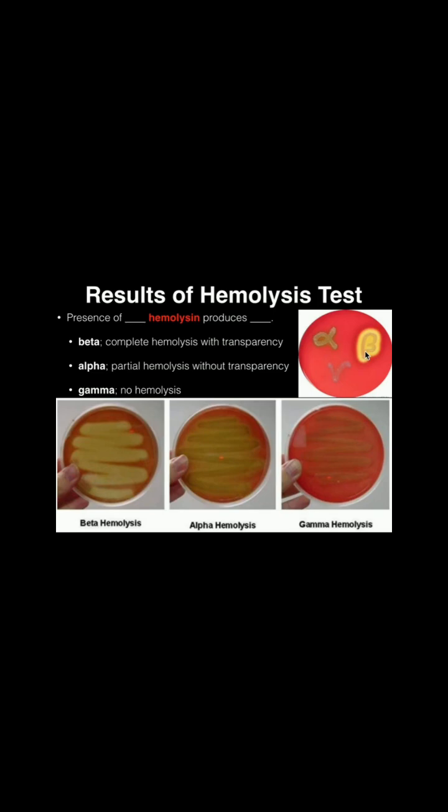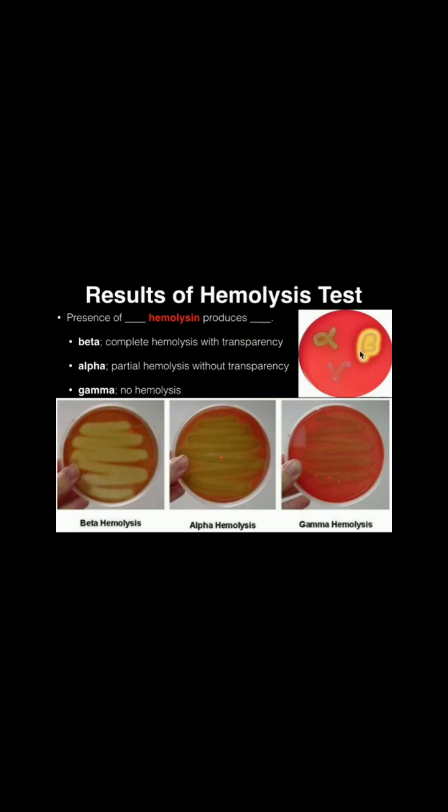When you have beta hemolysis, you have complete hemolysis of the red blood cells around the smear, and you'd have transparency. Because blood agar contains red blood cells, it's very turbid, so to see the patterns, a lot of times you have to hold it up to a light. You can either hold it up to a light on your lab bench or to a ceiling light.